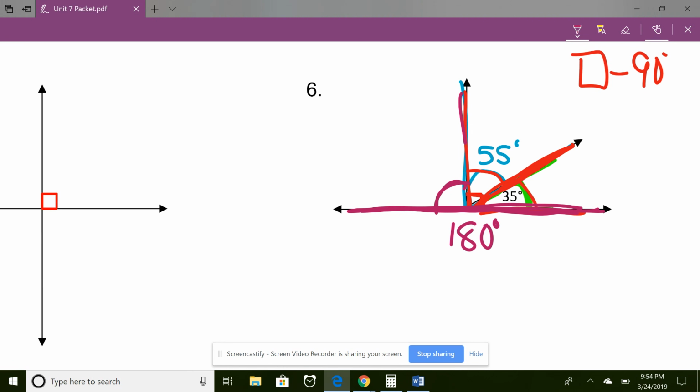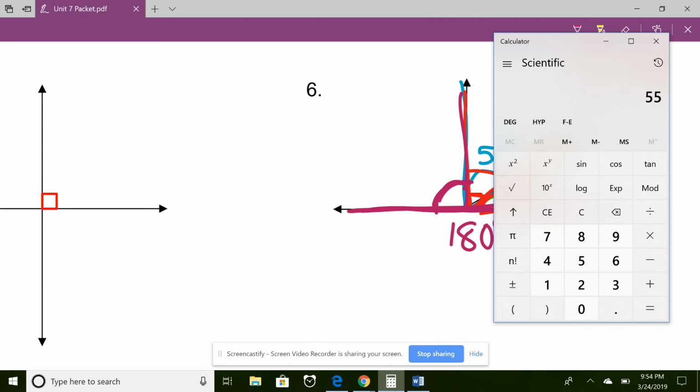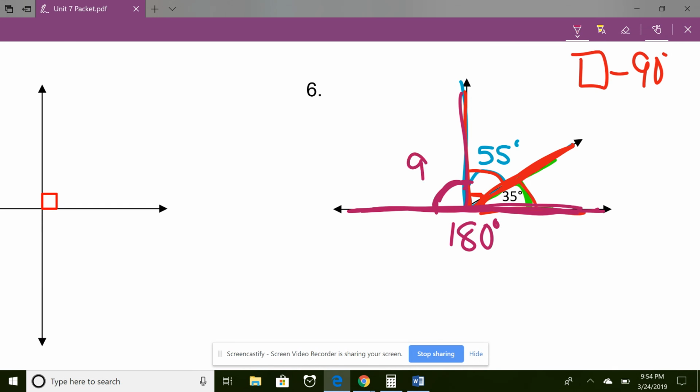To figure out this purple angle that I formed here, you would do 180 minus 90, which is also 90. And we know that 90 plus 90 is 180, so this is also going to be a box. Technically I could have put a box here also.